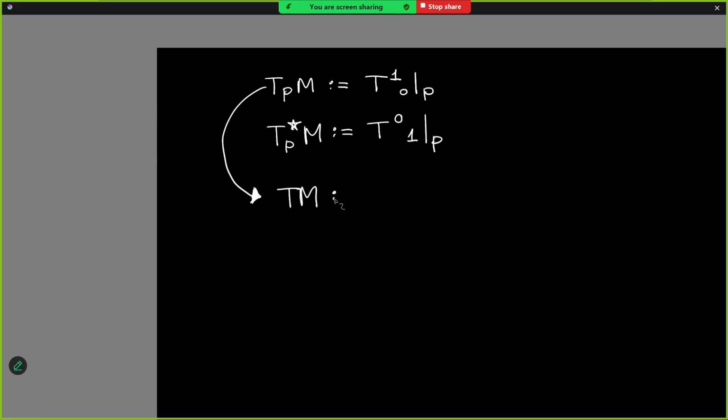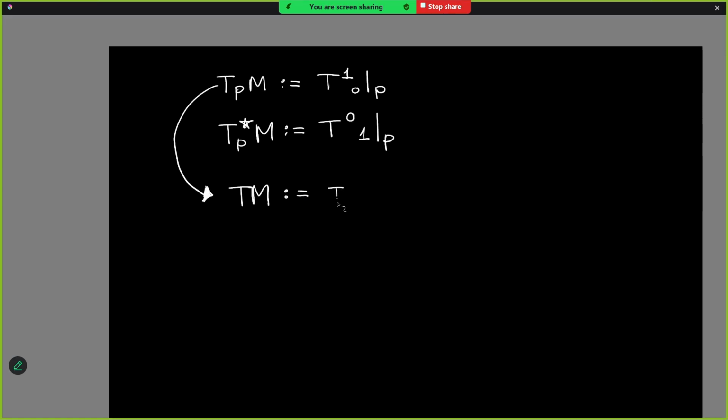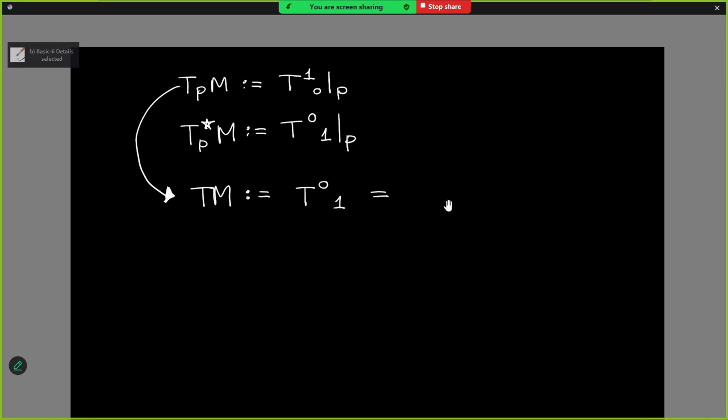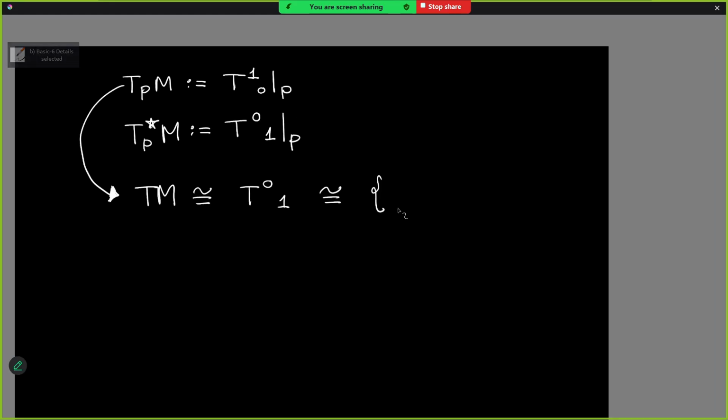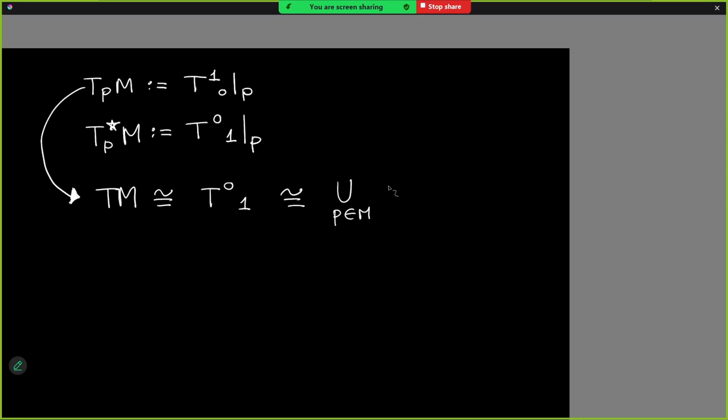So this is the aggregation over all the points P. So this is equal to T01, which is also the same thing. Well, let's say this is isomorphic to this, and this is isomorphic to the union of P element of M of TPM.